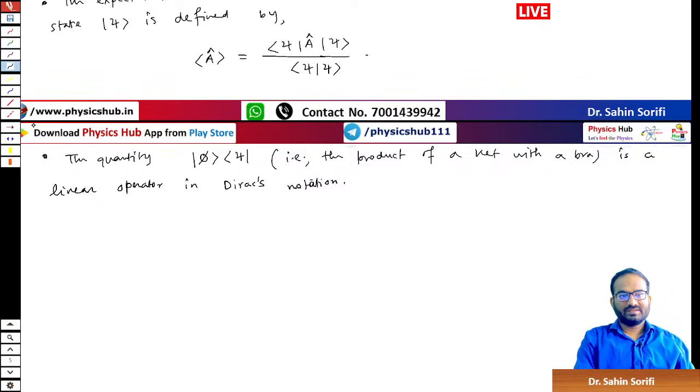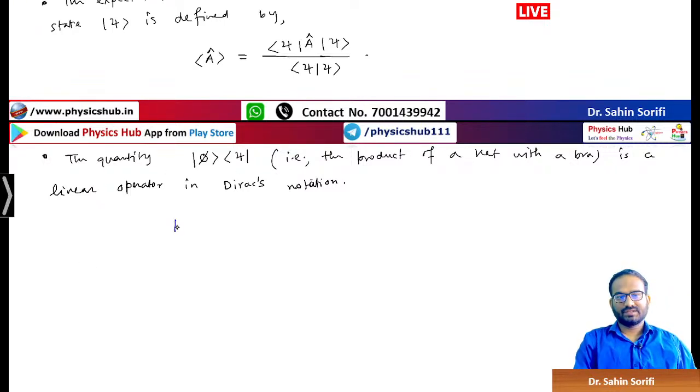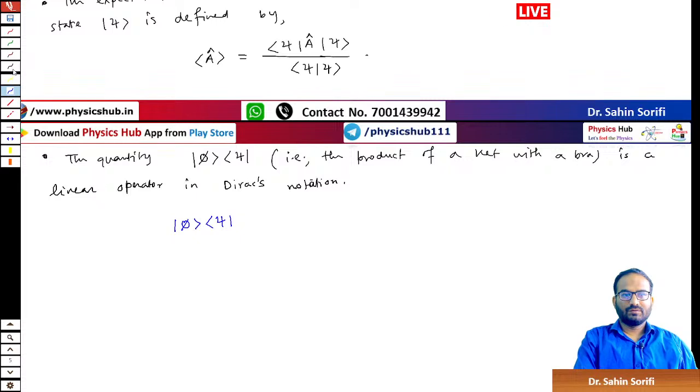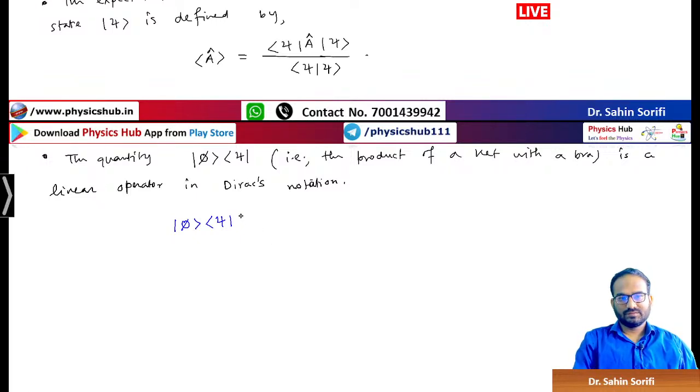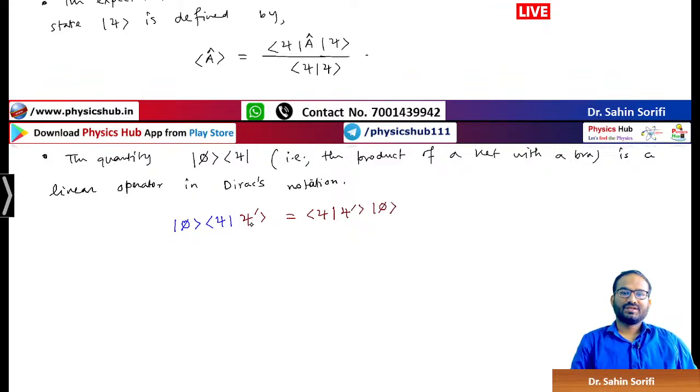To verify this, let's apply it on some ket. Let's say ket phi bra psi, this as a whole is a linear operator, and we are applying it on some ket, let's say psi prime. So you see, this will become ket phi times bra psi psi prime.